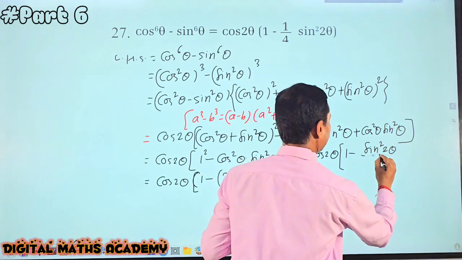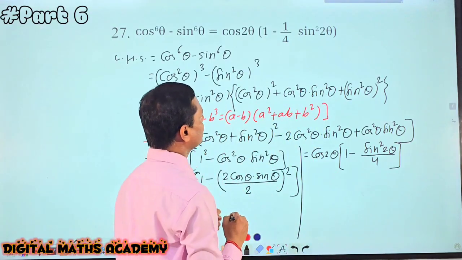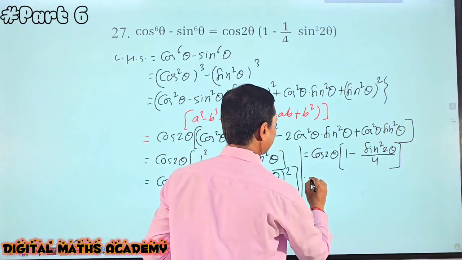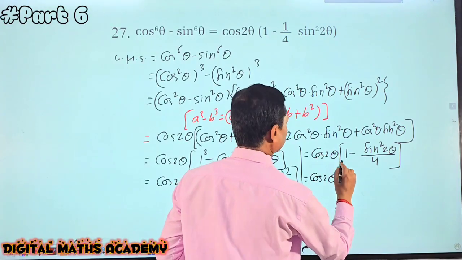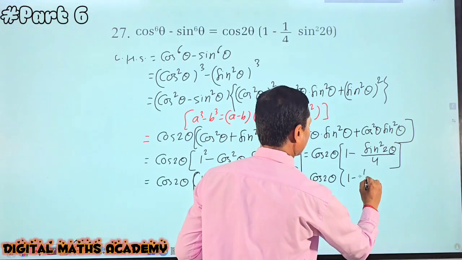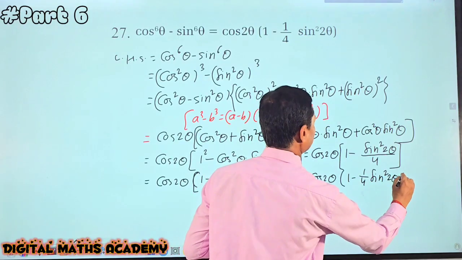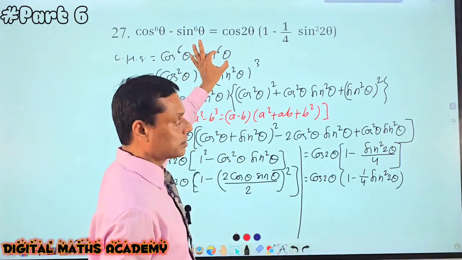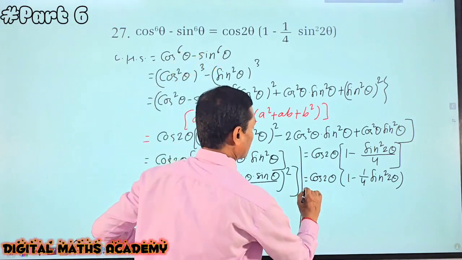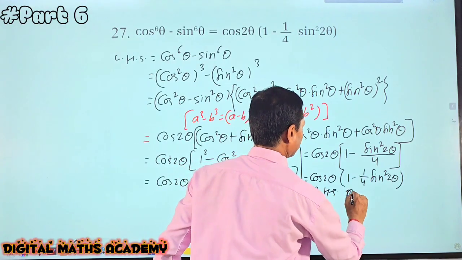And at the denominator there is a 4. And finally you get cos 2 theta times 1 minus 1 by 4 sin squared 2 theta, and we can see that we have already got the answer, which is the right hand side. So we can write equals right hand side.